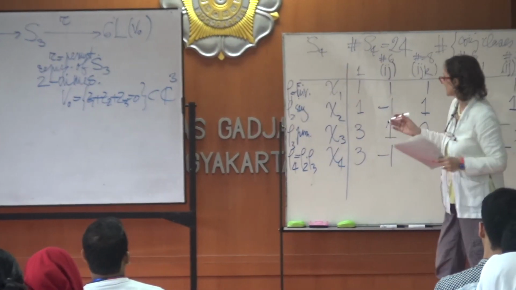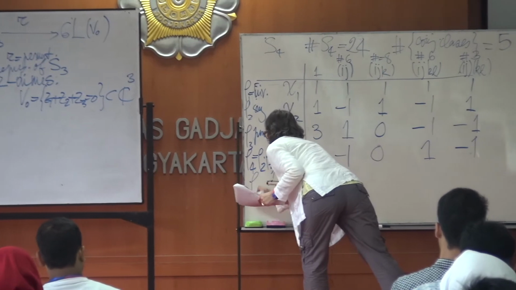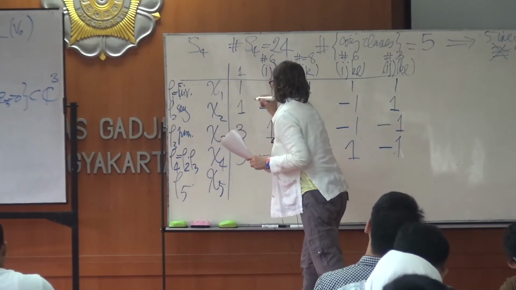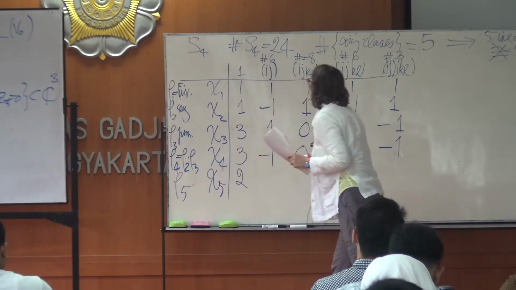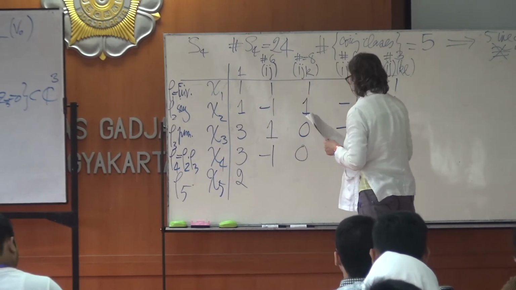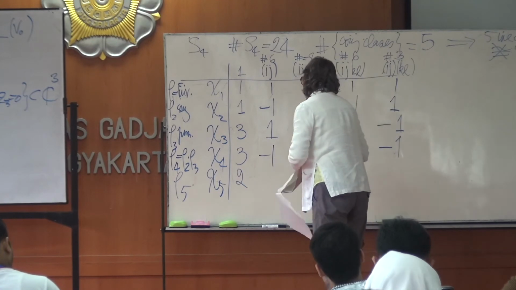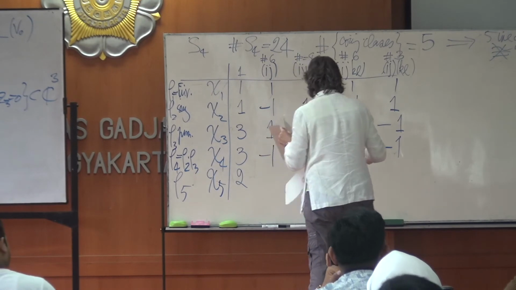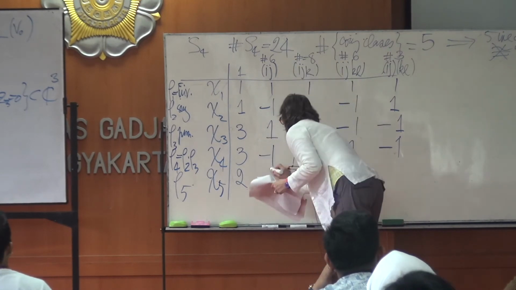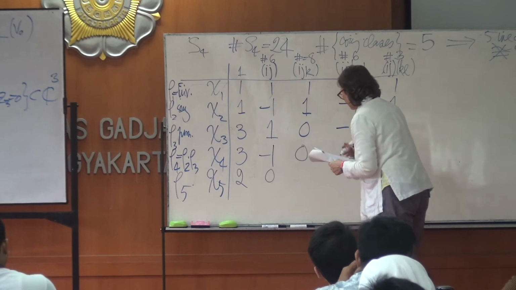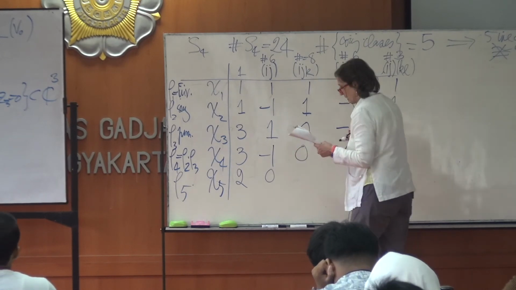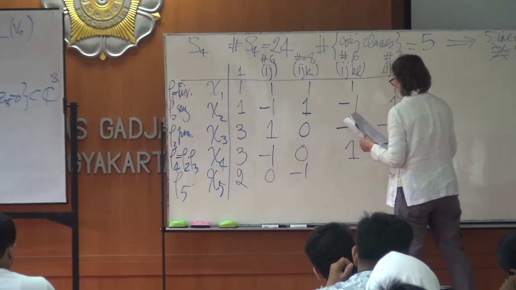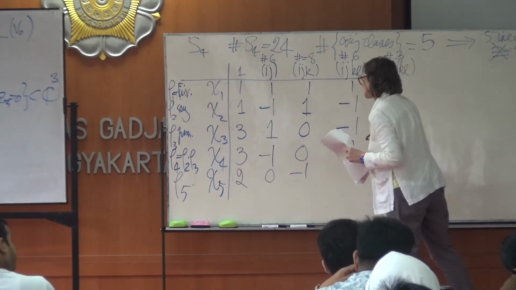So here row 5, chi 5, has dimension 2. On the 2 cycles we have 0. On the 3 cycles we have minus 1. On the double transpositions we have 2.